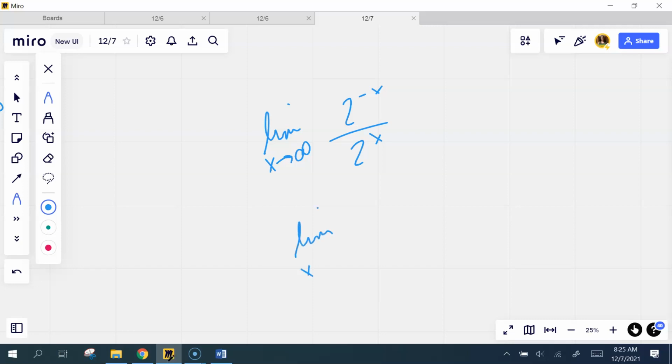If everything is in the bottom, I'm raising 2 to the infinity twice and multiplying, so my bottom's huge. My bottom's going to infinity, right? So anytime I have a 1 over infinity situation, it's 0.